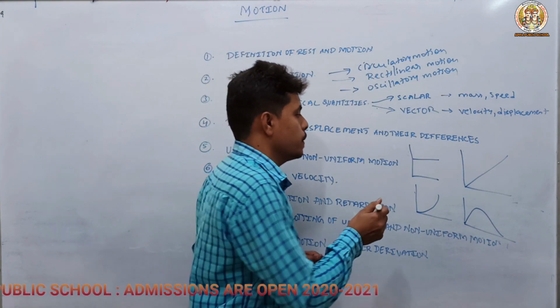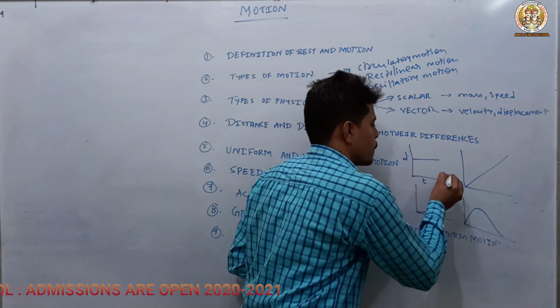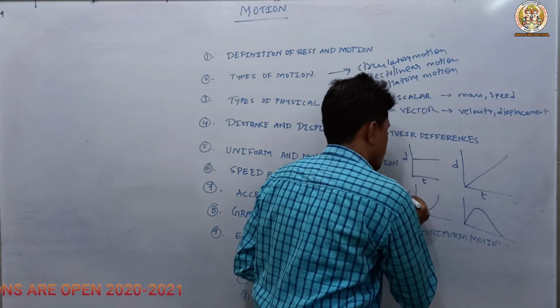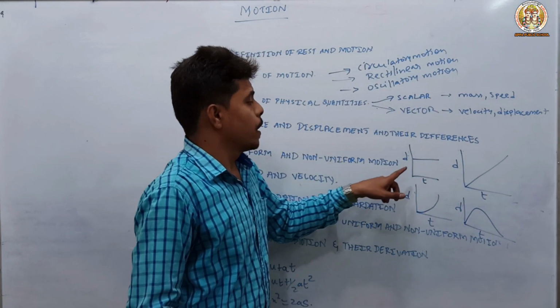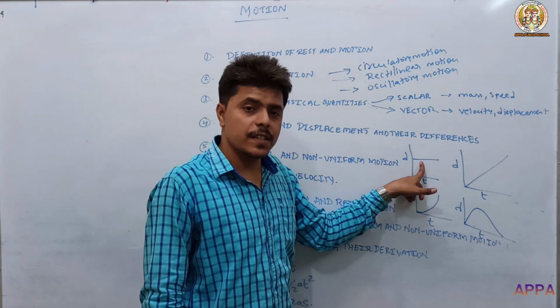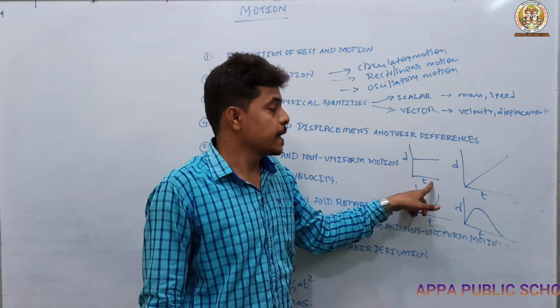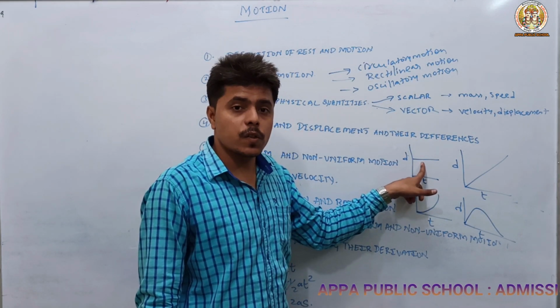So you can see here the distance-time graph. You can see a straight line parallel to the x-axis. This is nothing but the distance is constant here.